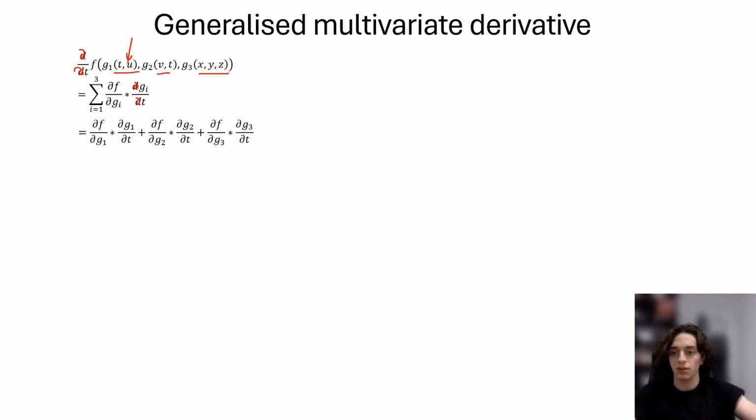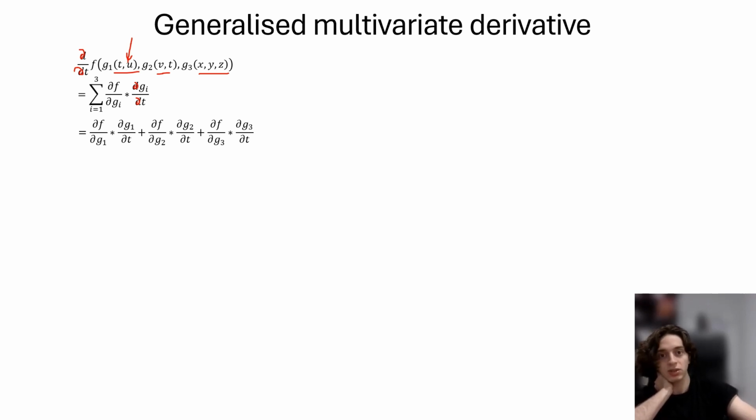What happens? Well, we're first going to look at the sum. We're going to expand the sum. It's going to be partial with respect to g1 of t, partial with respect to g2 of t, and partial with respect to g3 of t. And note my assumption, none of these variables depend on anything else if not explicitly stated. So x, y, and z, they don't depend on t. So the partial with respect to g3 of t is 0.